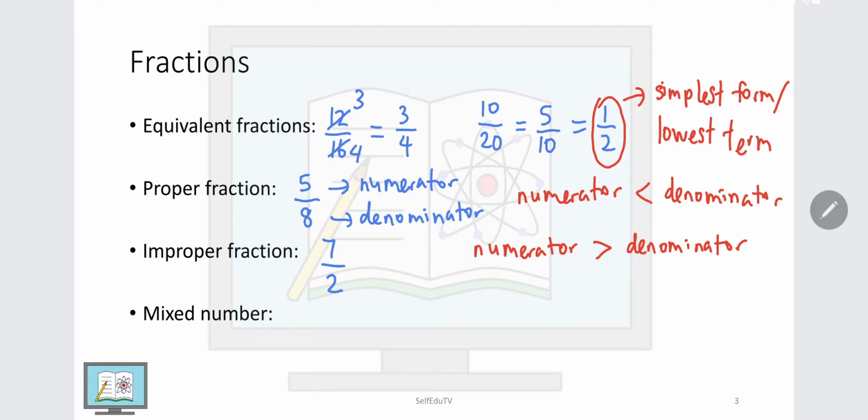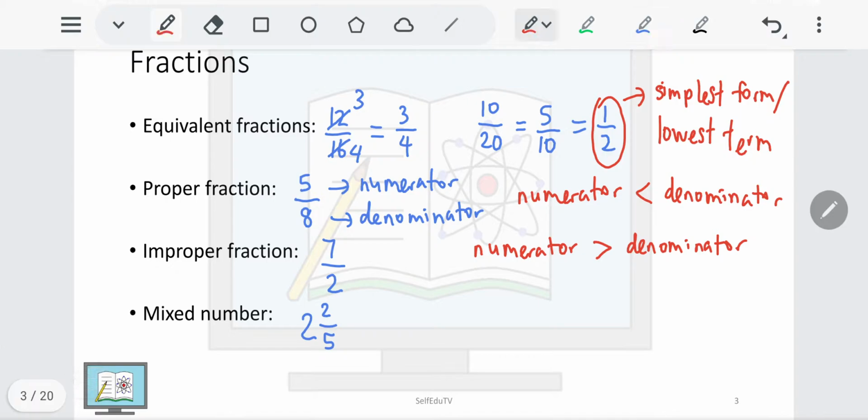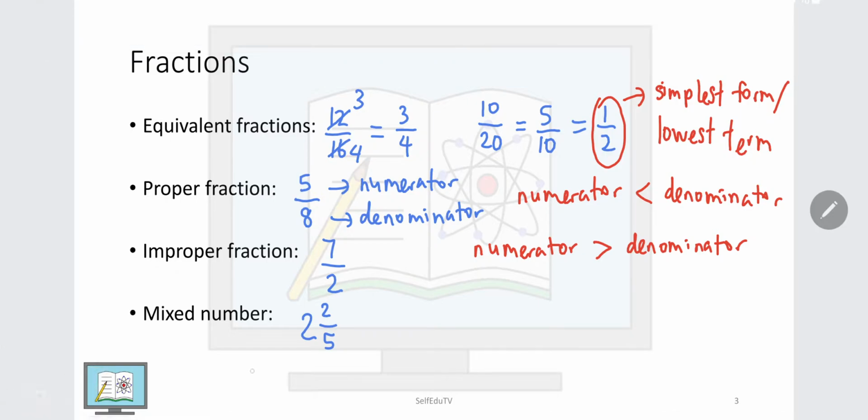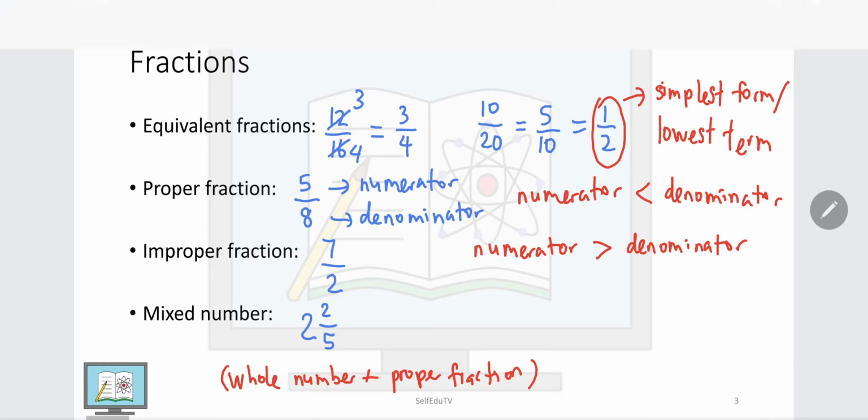Mixed number will be something like this. It's a combination of a whole number and a proper fraction. An improper fraction can be converted to a mixed number.